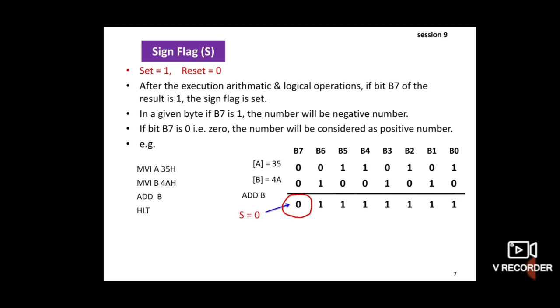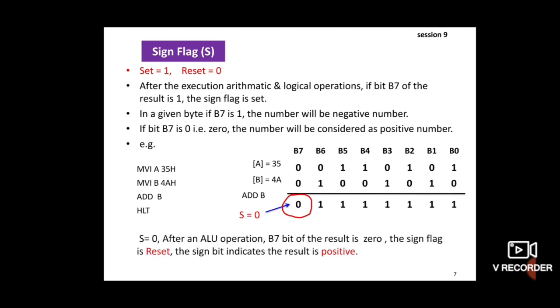So is the sign flag set or reset? The sign flag is reset, because 0 becomes the 7th bit. So S equals 0, where S indicates the sign flag. After an ALU operation, if bit B7 of the result is 0, the sign flag is reset, and the sign bit indicates the result is positive. Understood, student? How is the sign flag set or reset?